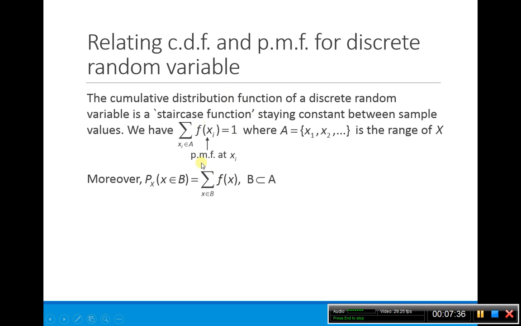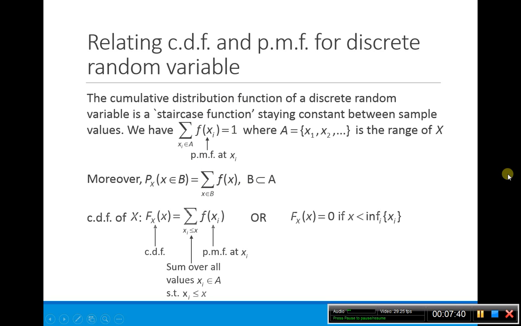So now how do we relate this to our cumulative distribution function? Remember, this was the probability that our capital X is less than or equal to little x. That's what the cumulative distribution function means. What is the probability that our random variable is going to take on values less than or equal to little x?